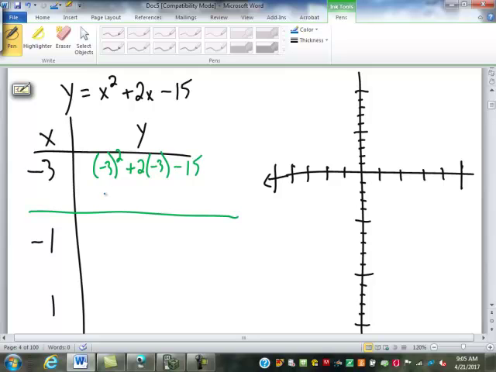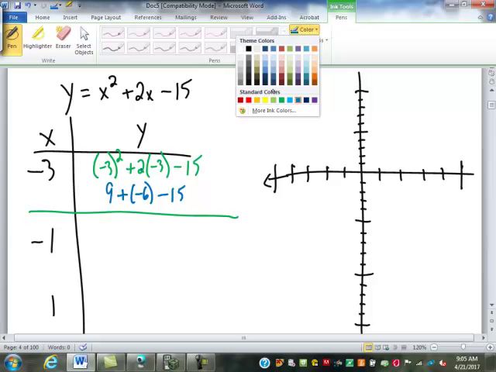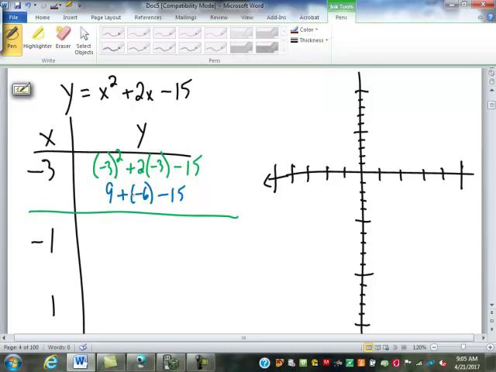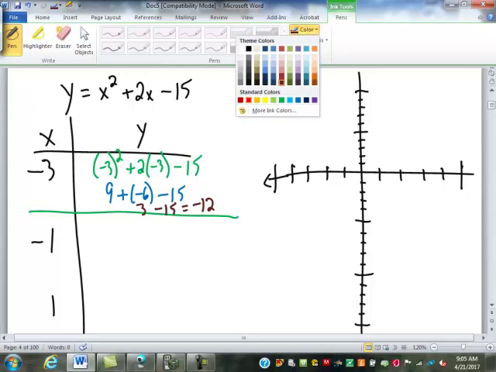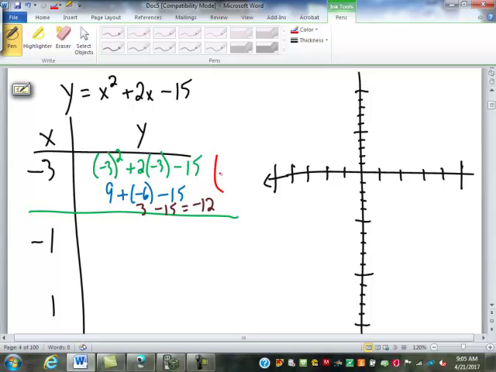So -3 squared is a positive 9. 2 times -3 is -6, minus 15. 9 plus -6 is 3. 3 minus 15 is -12.